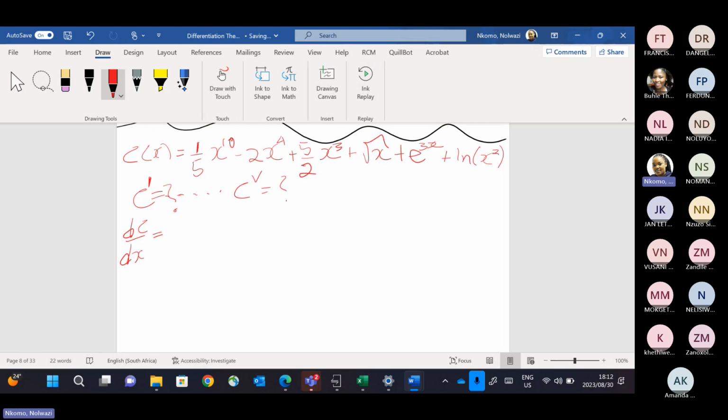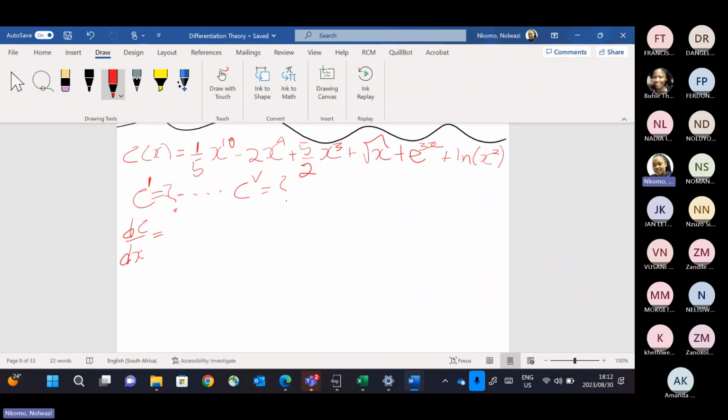If you differentiate this, for some terms we need to apply the power rule, but for other terms we need to apply the chain rule, right?